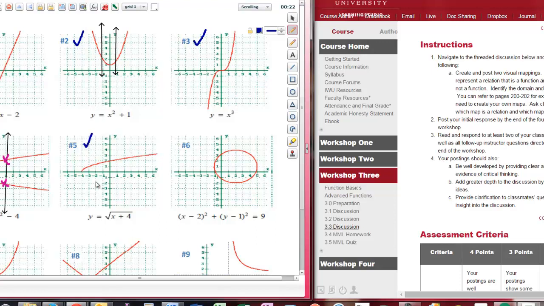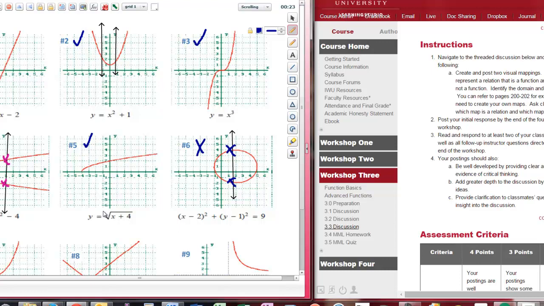No matter where I draw it, it's going to only cross once. With number 6, if I draw a vertical line there, it goes through twice. Once, twice. Therefore, this is not a function. So that's just six examples of functions and not functions.